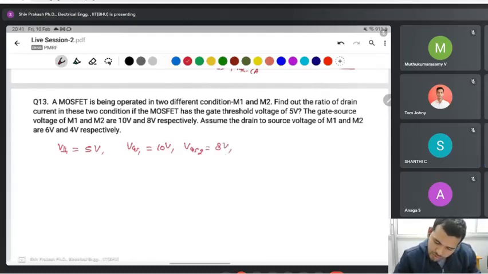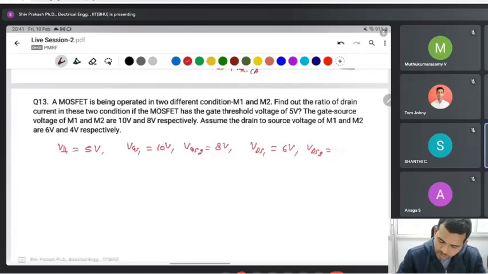Assume the drain to source voltage VDS1 is 6 volt and VDS2 is 4 volt.